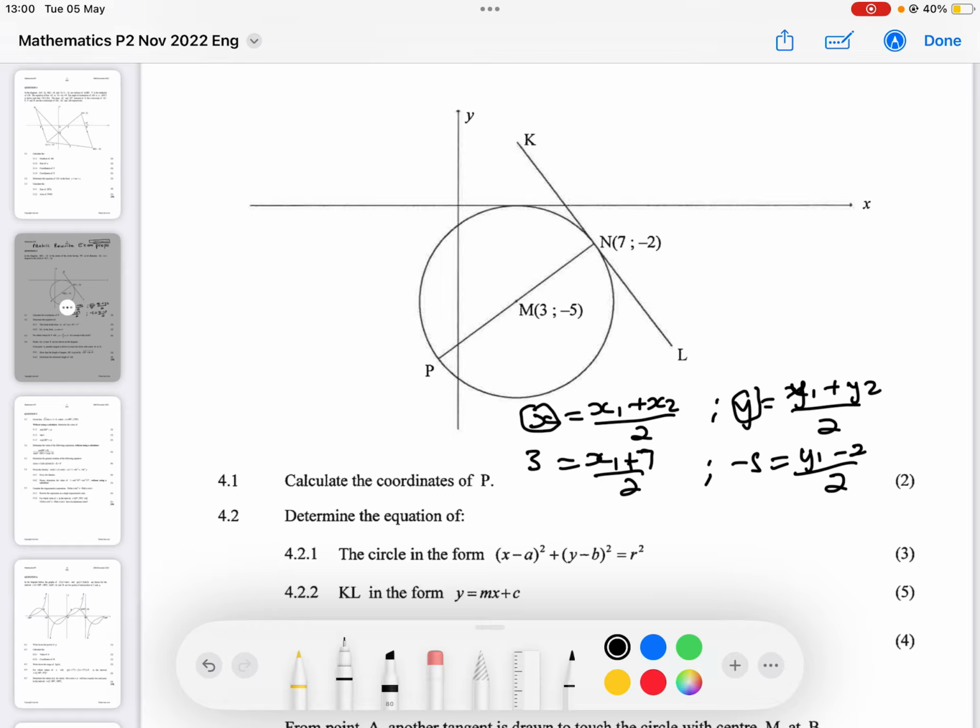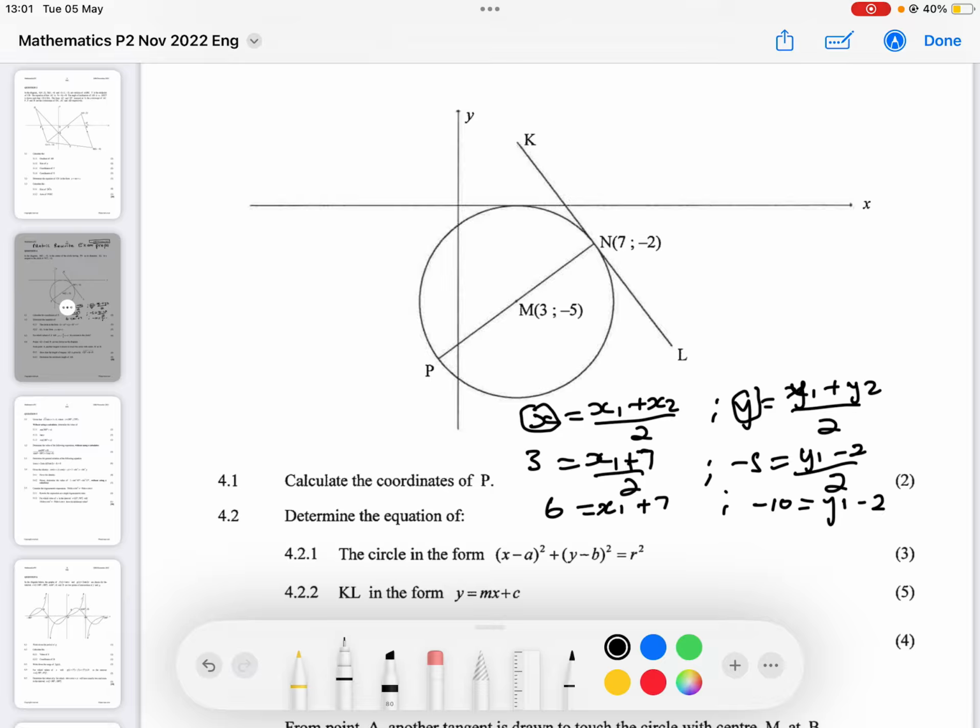I'm going to cross multiply. 3 times 2, which is 6, equals x1 plus 7. Do the same thing here: cross multiply, minus 5 times 2 is minus 10 equals y1 minus 2.